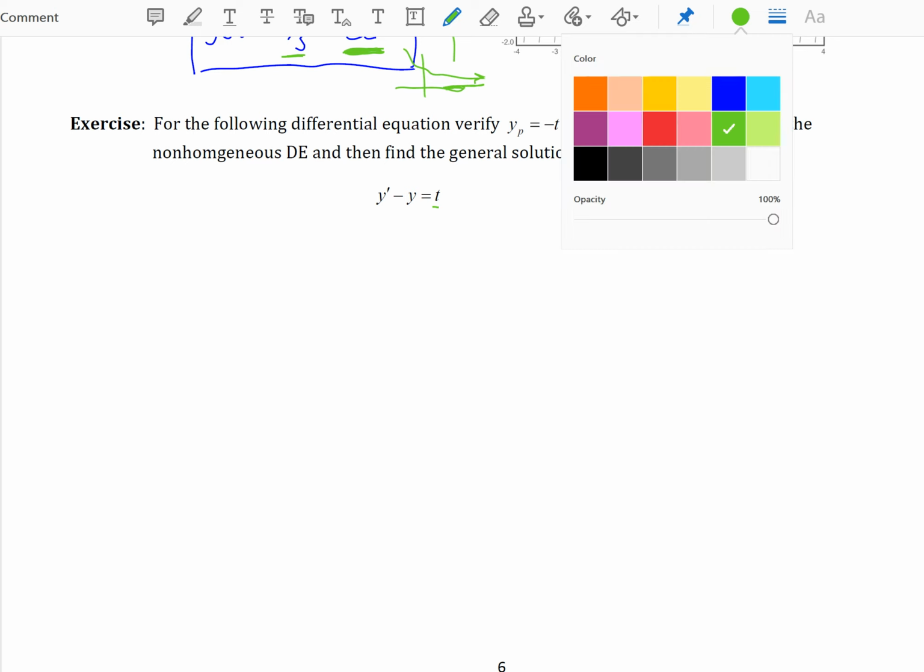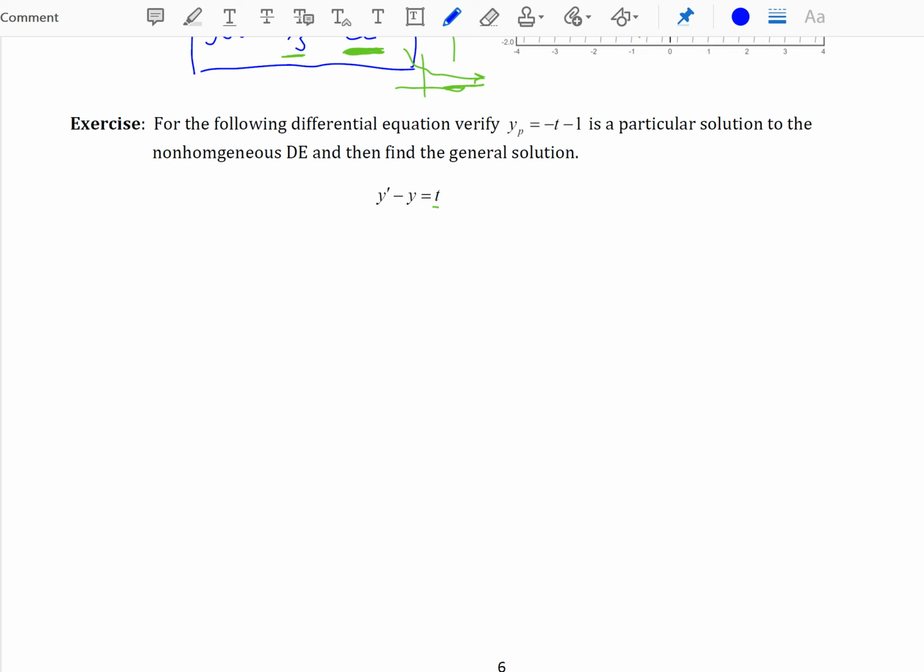So in chapter 2.1, there are going to be a couple of problems where they say, verify that this given function yp is a particular solution. They're not telling you where they got it from yet. That'll come in a future section. But right now they're just saying verify that this is a solution to the non-homogeneous DE, and then let's find the general solution.